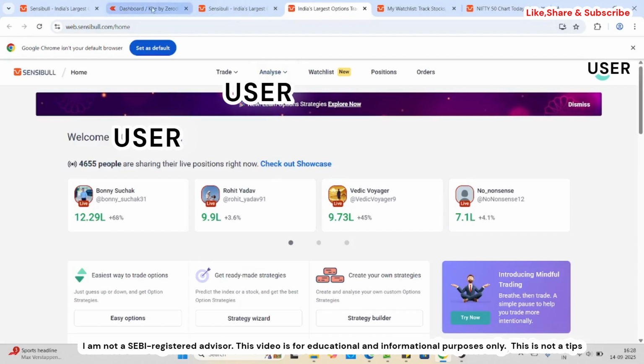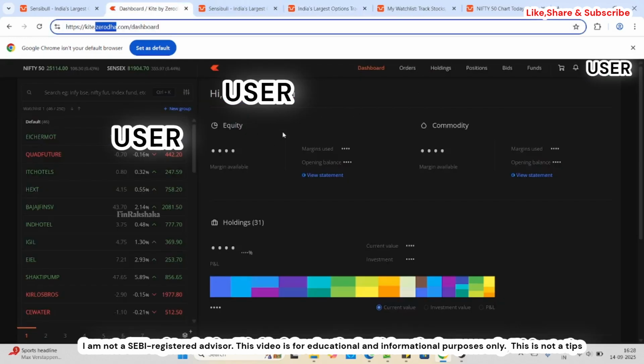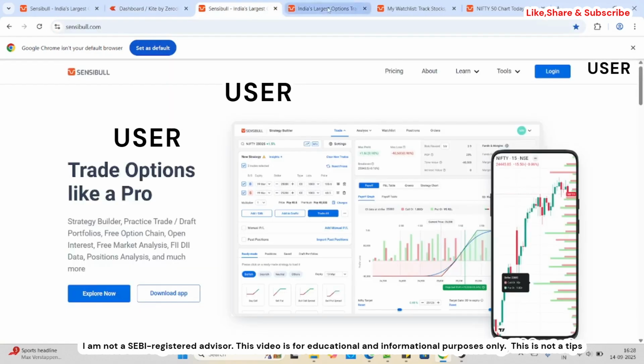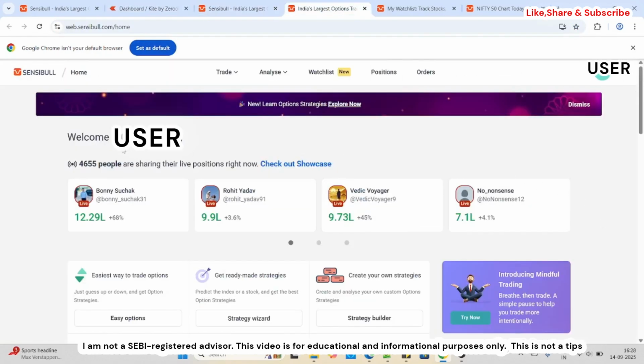Since you have already logged in to the Zerodha Demat account in the Chrome browser, Sensibull automatically logs in. For the first time, it will ask you to authorize. If you authorize it, then you can log in directly.